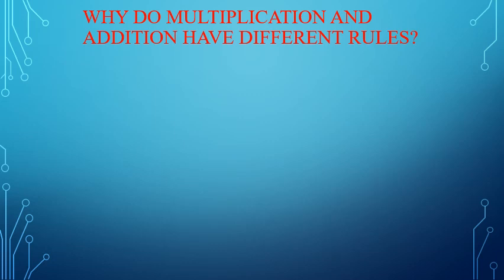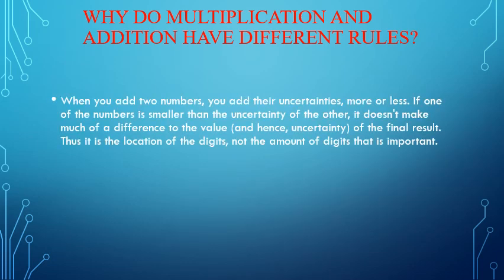You may have wondered, why do multiplication and division have different rules from adding and subtracting? When we are talking about adding or subtracting two numbers, you're adding or subtracting their uncertainties. If one of the numbers is smaller than the uncertainty of the other, it doesn't make that much of a difference in the value.